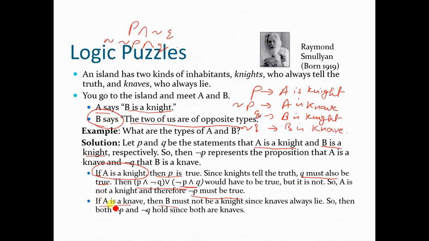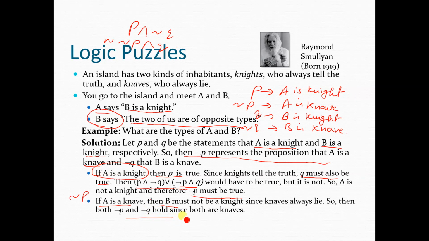That is, A is knave is negation P as our assumption. Negation P represents A is knave. So we are going to assume A is knave. That is, we assume that negation P is true. Then B must not be a knight, since knaves always lie. So negation P and negation Q both hold.